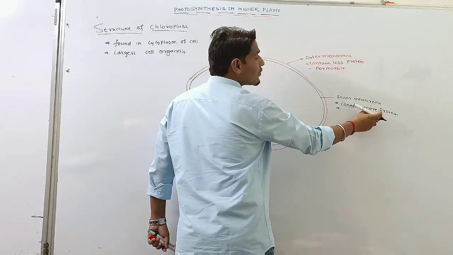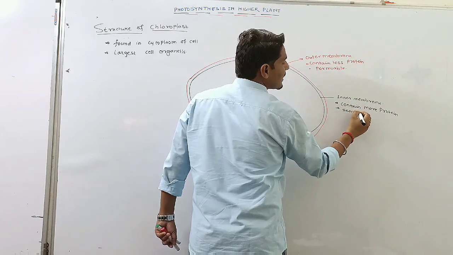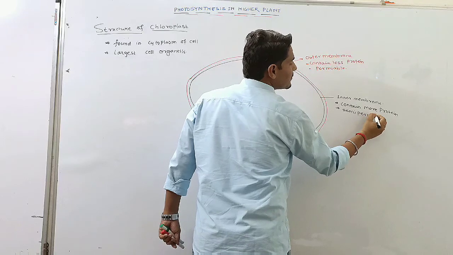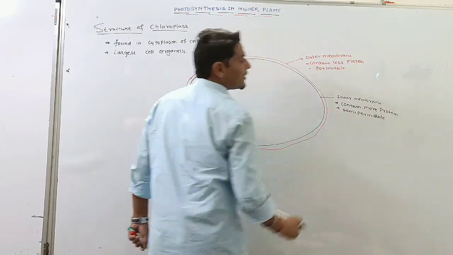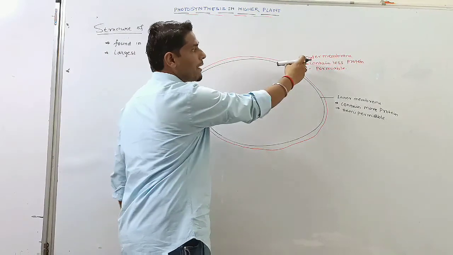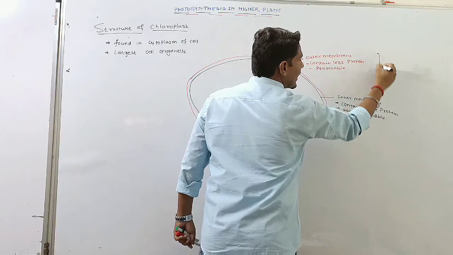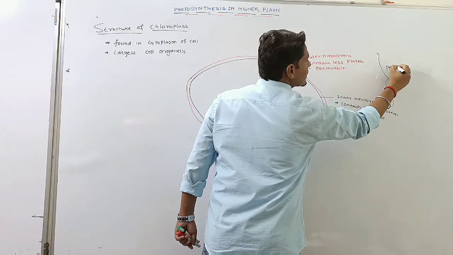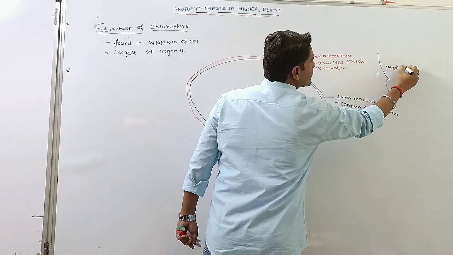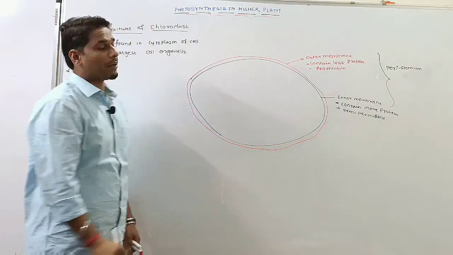So due to the presence of more protein, it is semi-permeable. Collectively, both membranes are called as पेरिस्ट्रोमियम. क्या बोलते हैं? दोनों को एक साथ में पेरिस्ट्रोमियम बोलते हैं.